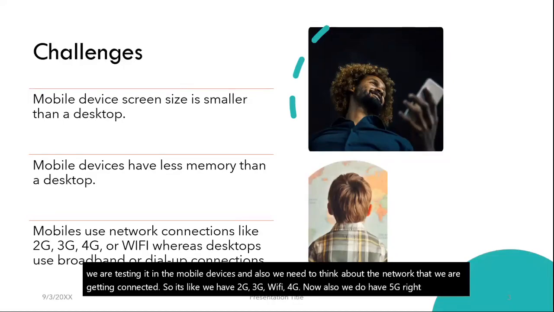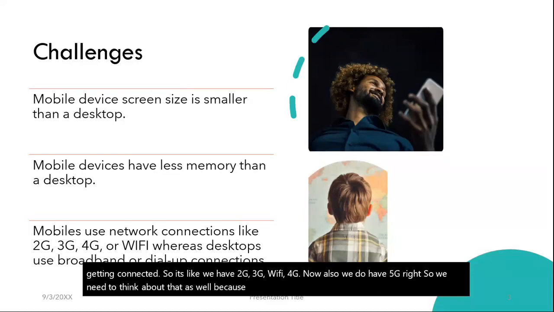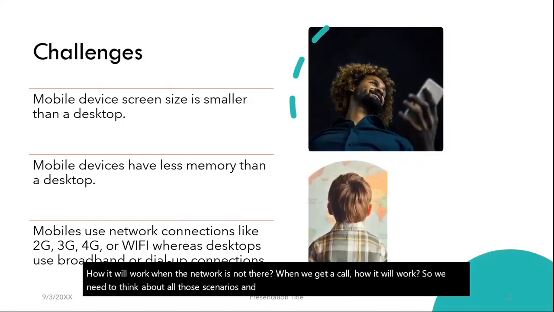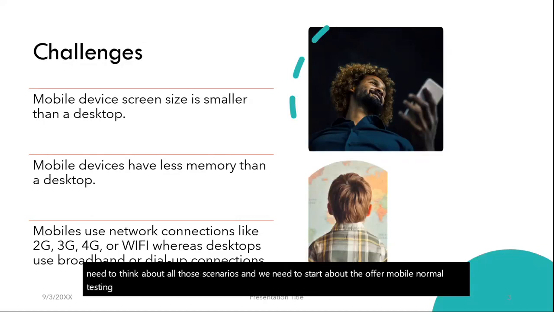We need to think about how it will work when the network is not there, and when we get a call. We need to think about all those scenarios in normal mobile testing, and the same applies to automation testing as well. So we need to select devices based on all these considerations.